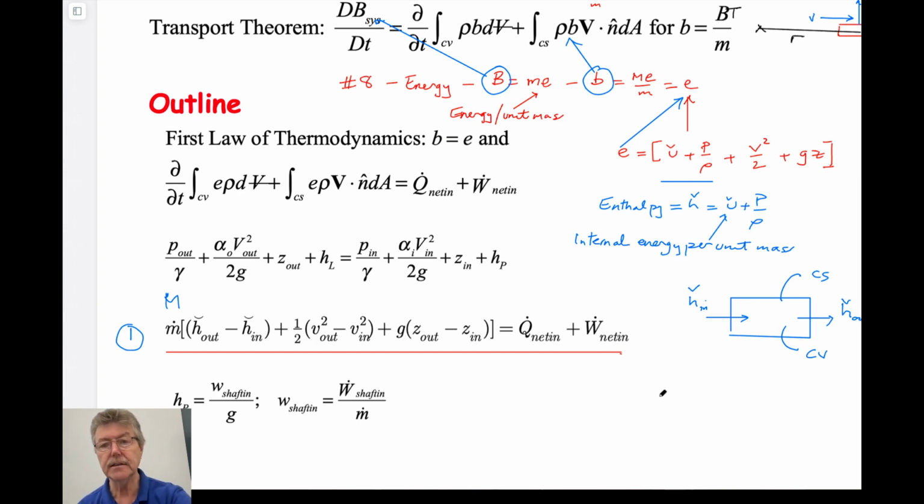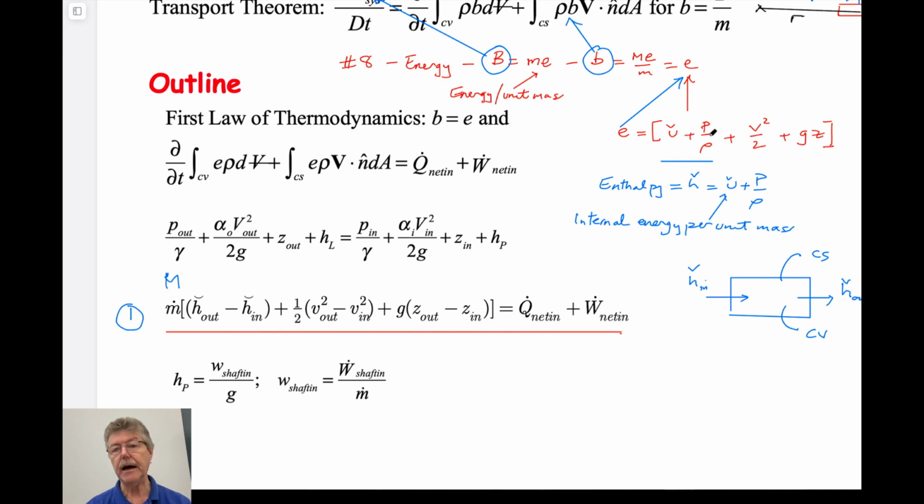So what we might do is just make sure that we're still adding apples to apples. So what are the units of this? Pressure divided by density. The units are going to be, pressure is newtons per meter squared. Density is kilograms per meter cubed.